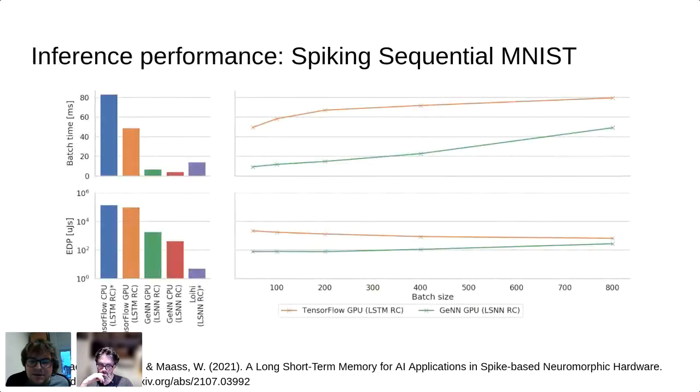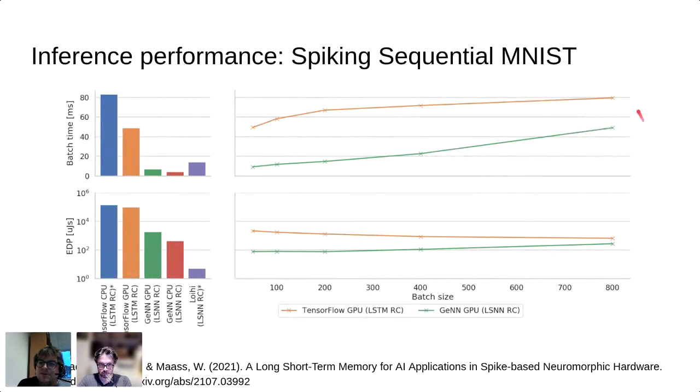In this task, we also looked at inference performance, which I think is the most interesting result here. On the right-hand panel, we're comparing the same GPU running TensorFlow and an LSTM, which we saw performing at sort of 95%, and our recurrent LSNNs implemented using GeNN. And you can see in the top that the latency is lower with GeNN across all batch sizes.